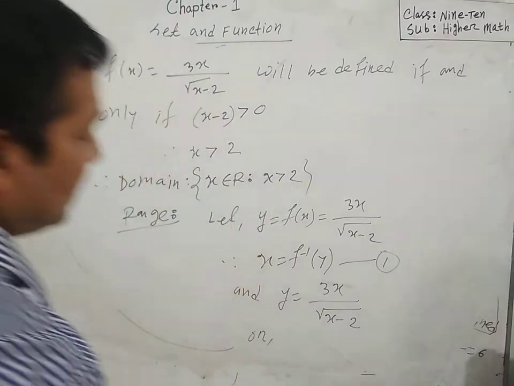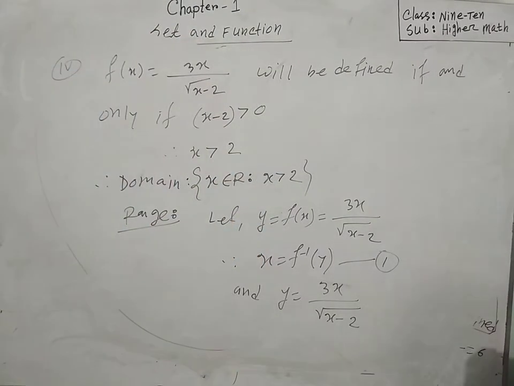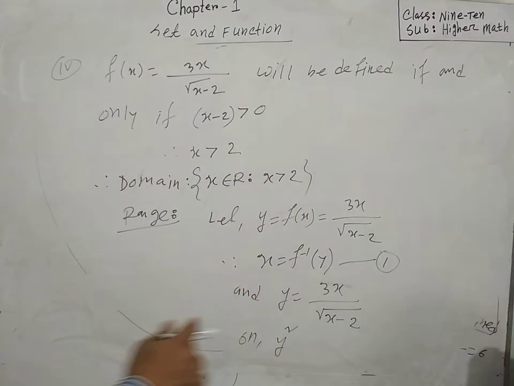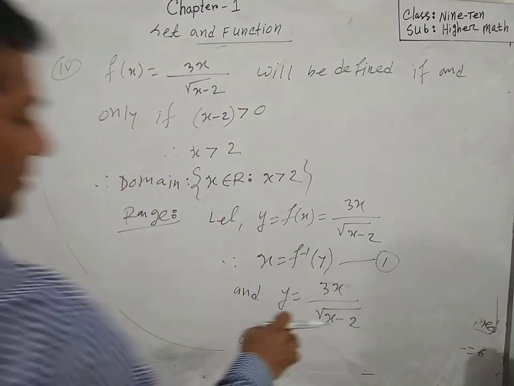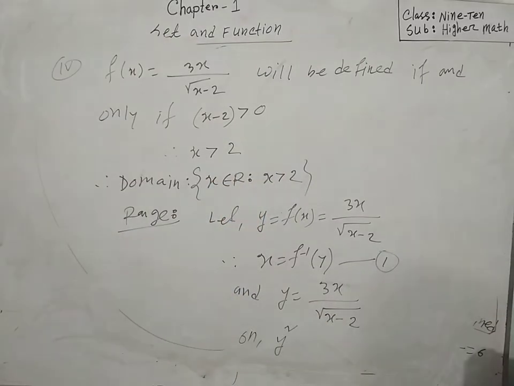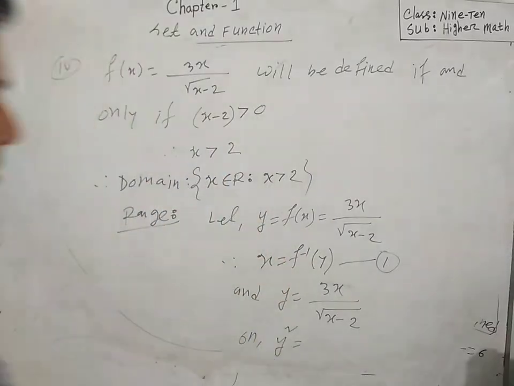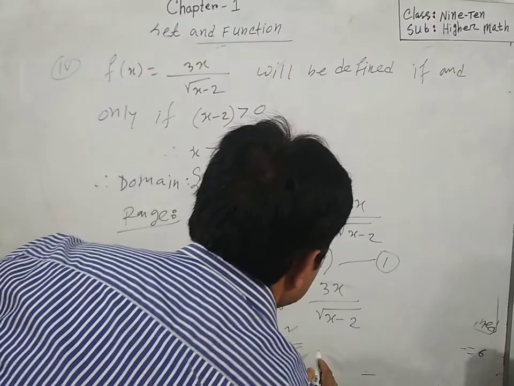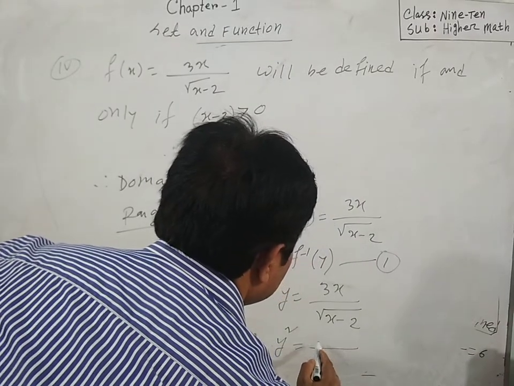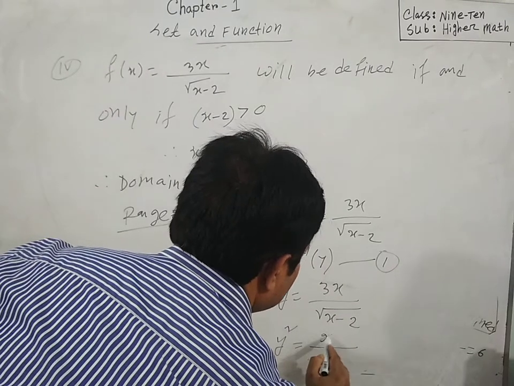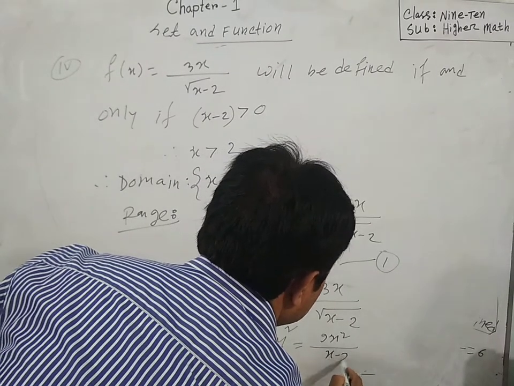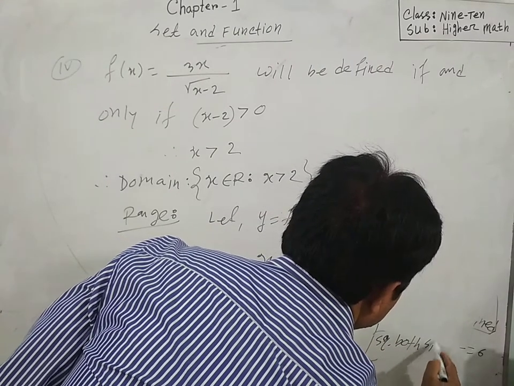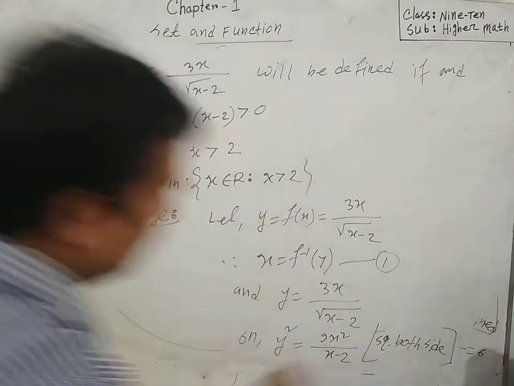We use cross multiplication or squaring both sides, as here we have a root. So we use squaring both sides. So 3 squared is 9, 9x squared over x minus 2, squaring both sides.